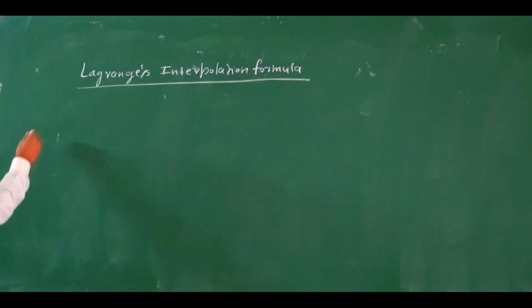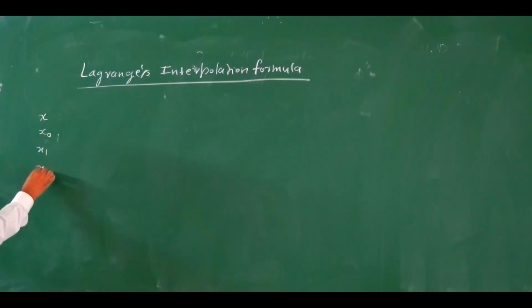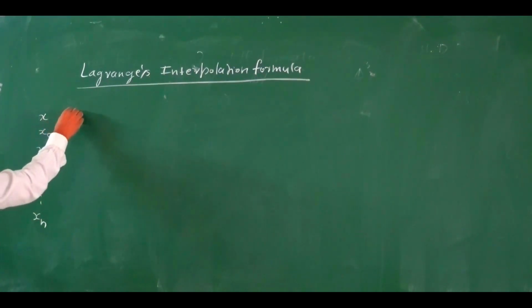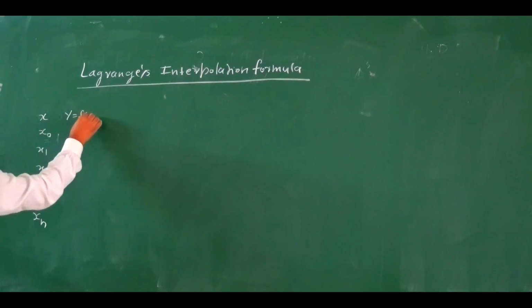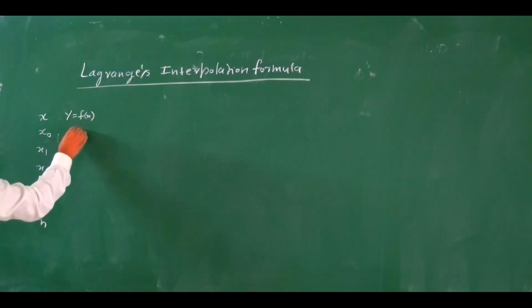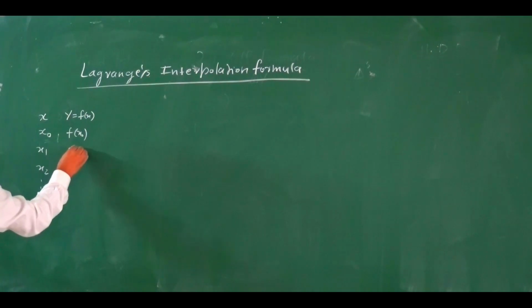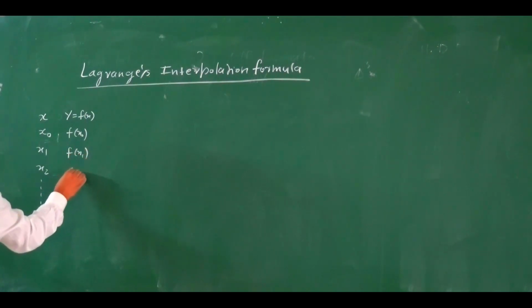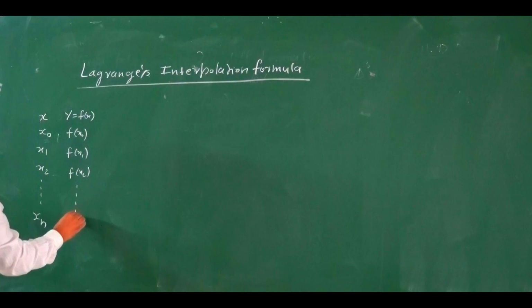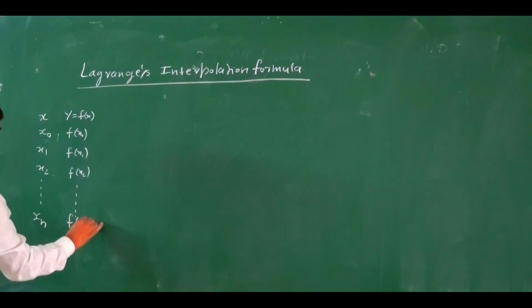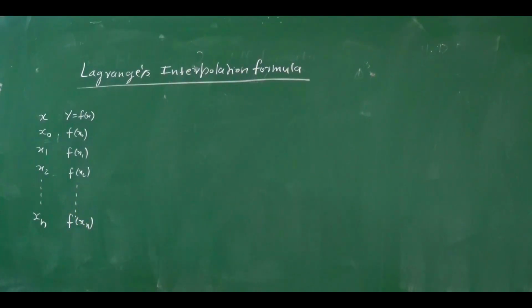Suppose n plus 1 arguments are given, x0, x1, x2 up to what? xn. There are n plus 1 values of x and the corresponding values of f are also given: f of x0, f of x1, f of x2 up to f of xn.